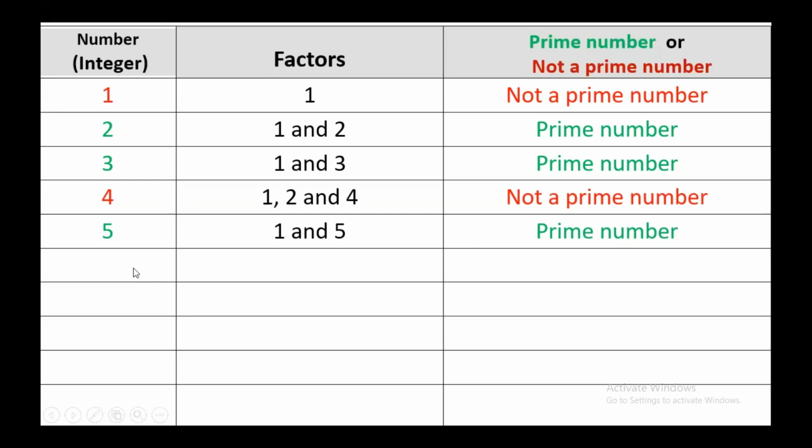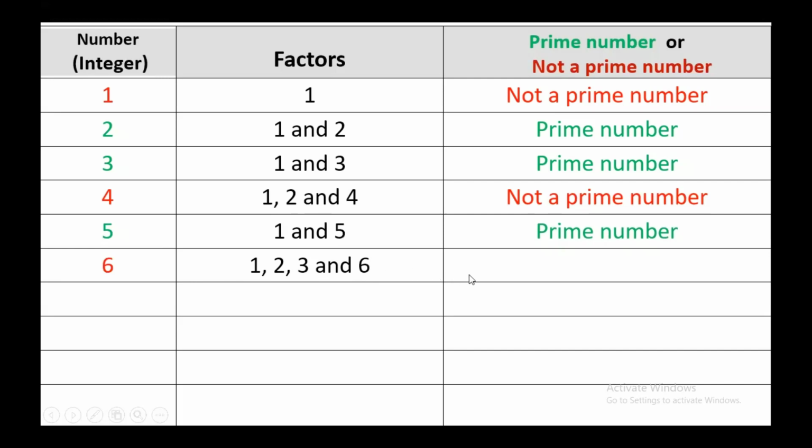Next example, next number is 6. Find out the factors of 6, which are 1, 2, 3, and 6. There are 4 different factors. And by definition, prime numbers are those numbers which have 2 different factors, only one and itself.